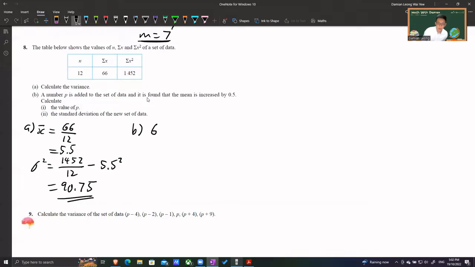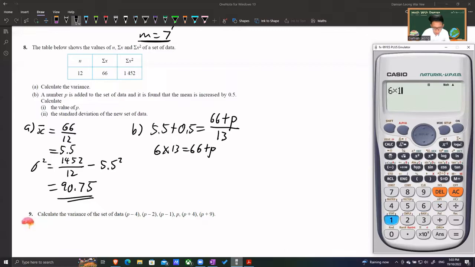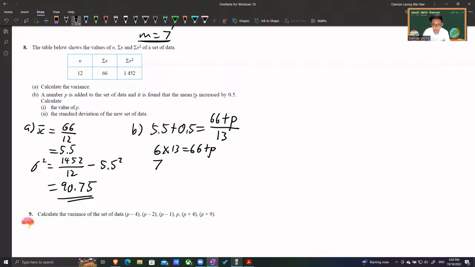So you can write 5.5 plus 0.5, the new mean, equals the new sum of values, which is 66 plus p, the newly added number, divided by n. n becomes 13 because I put an extra number in. So 6 here, divide 13, opposite times 13. So 6 times 13, 78. 66 I bring over, opposite minus. So p will be 12.